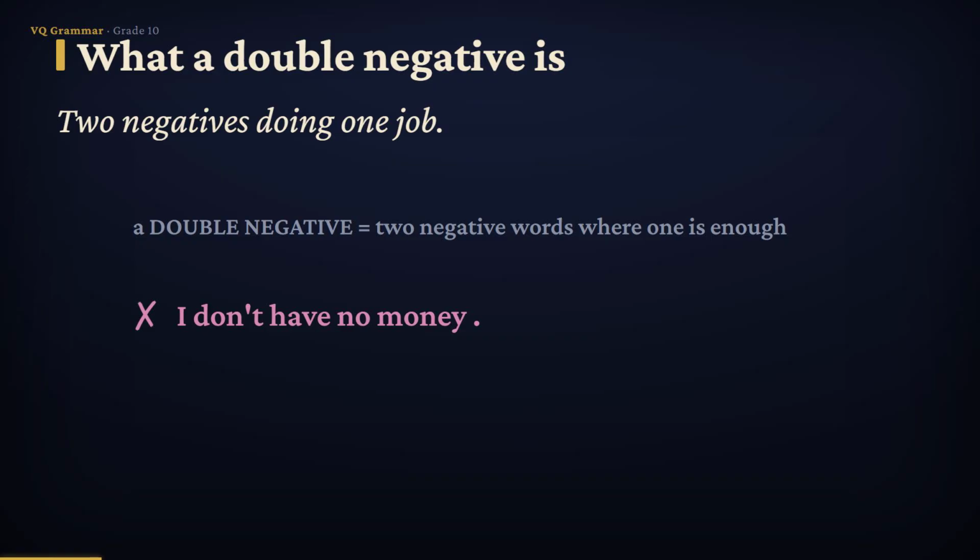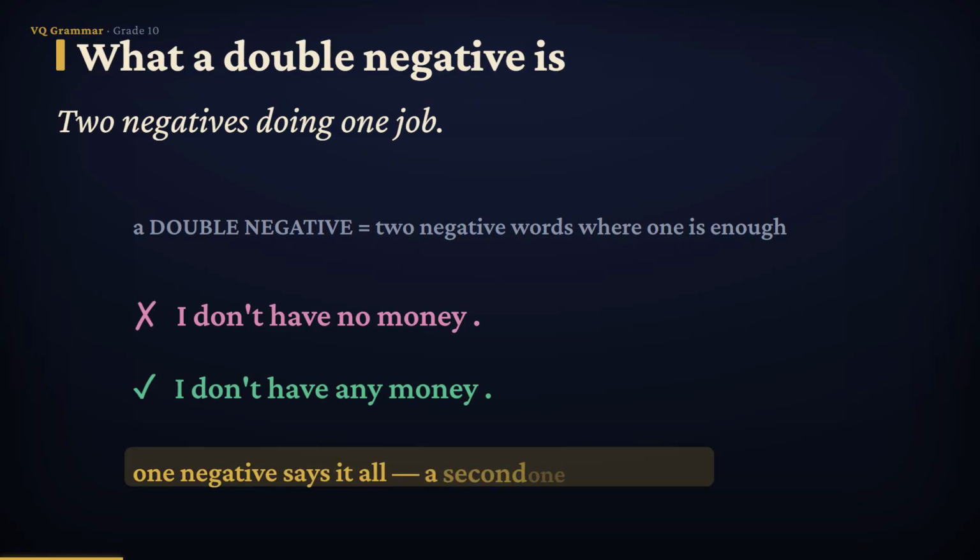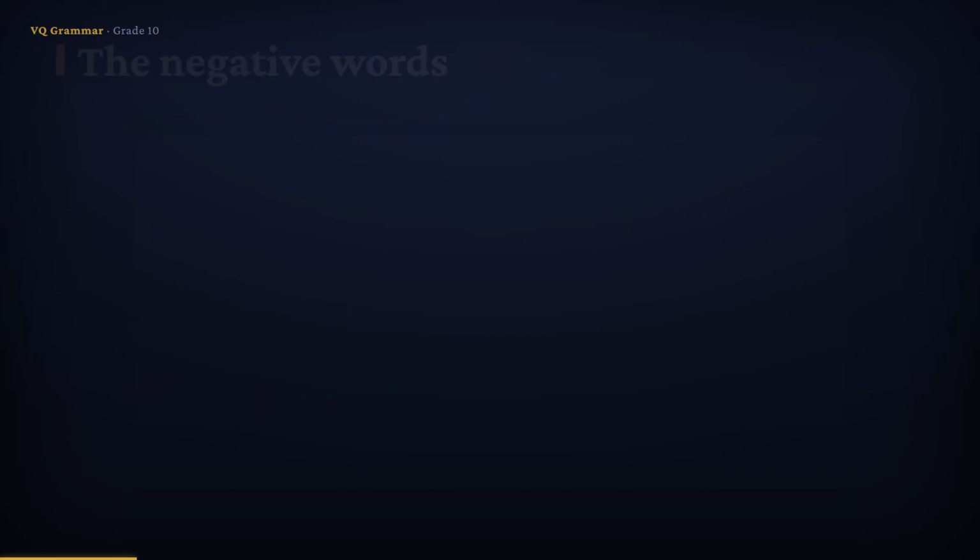If you don't have no money, then you must have some. But even where the meaning is obvious, the reader hears a mistake. The standard sentence is this: I don't have any money. One negative is all English ever asks for. A second one doesn't make the sentence more negative, it just makes it wrong.